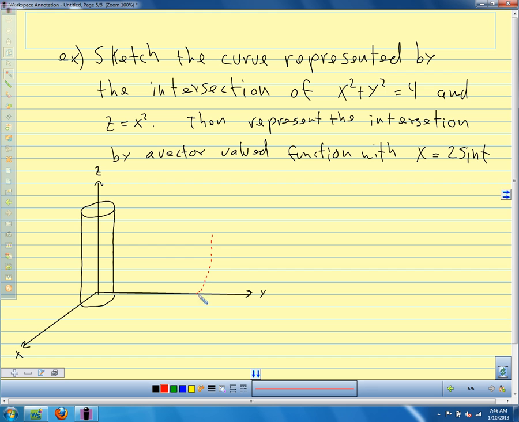So there we are behind the YZ plane, and here we are in front of the YZ plane. And my cylinder is going to go along the y-axis, and it's going to run into this other right circular cylinder.